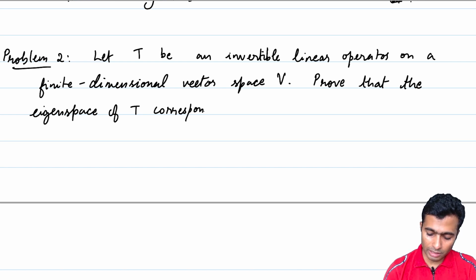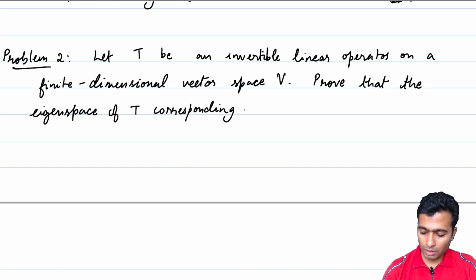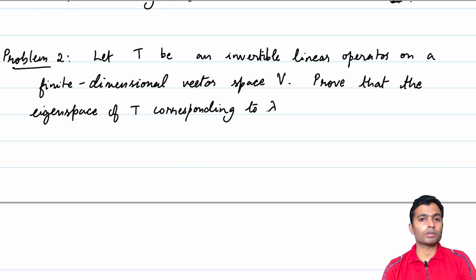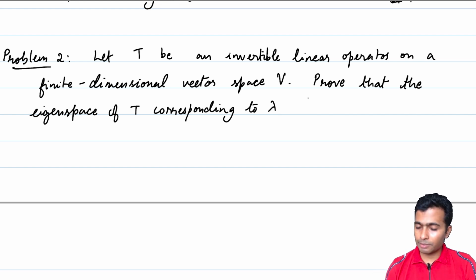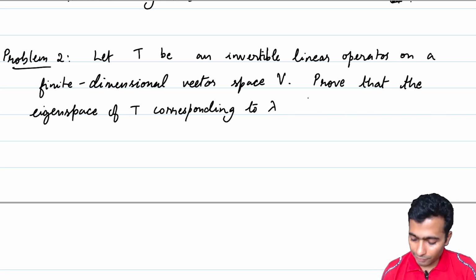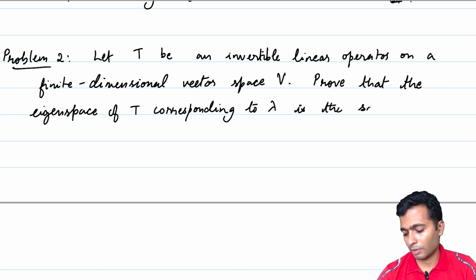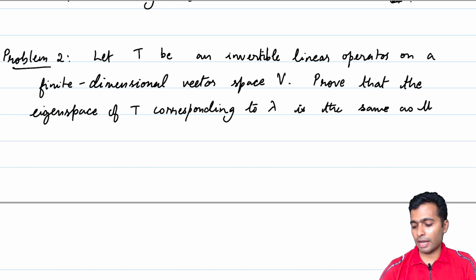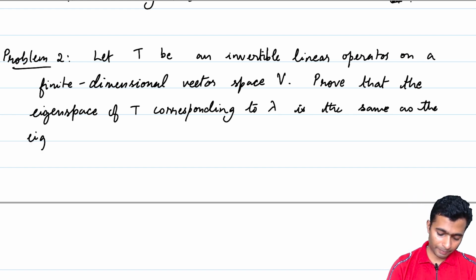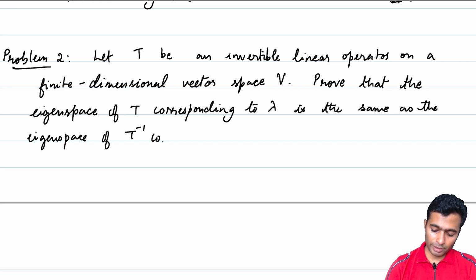So suppose lambda is an eigenvalue of T, and suppose the eigenspace of T corresponding to lambda is known, then the problem is to prove that the same subspace will be an eigenspace of T inverse corresponding to lambda inverse. That is, the eigenspace of T corresponding to lambda is the same as the eigenspace of T inverse corresponding to lambda inverse.